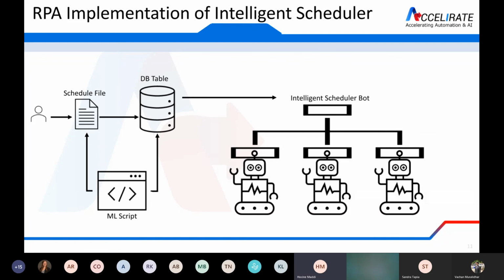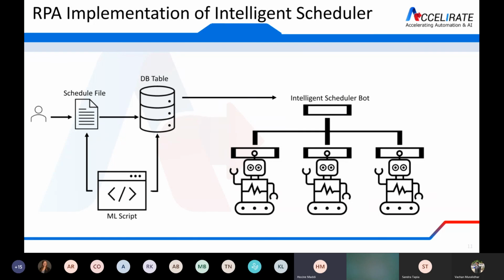So basically, to solve a lot of these issues, we combined a machine learning prediction with an RPA bot to automate the scheduling process. On the left side you see the ML script which Vachan and his team developed.